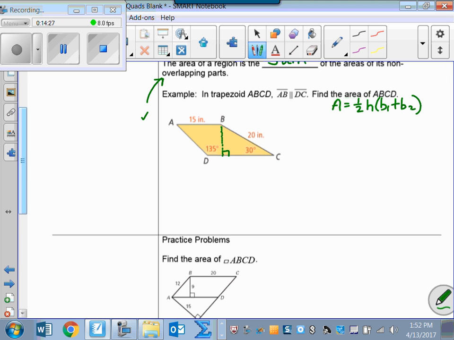I can find the area of that. It's not a right isosceles, but that's okay. It's a 30, 60, 90. That should be easy enough. And let's see, I can make another right triangle by dropping this altitude.